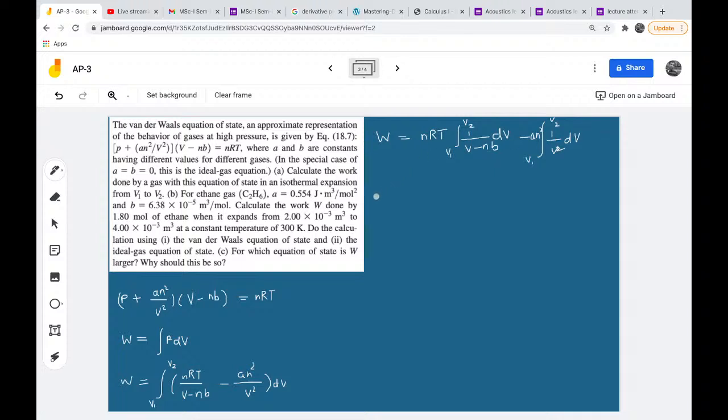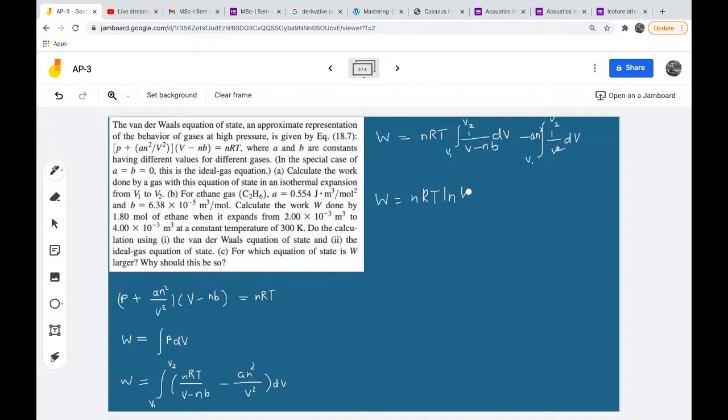So the work done is nothing but nRT, and remember this is log of V minus nb, but we will put the higher limit and then the lower limit. So if you do that in the log and subtract, you get a ratio.